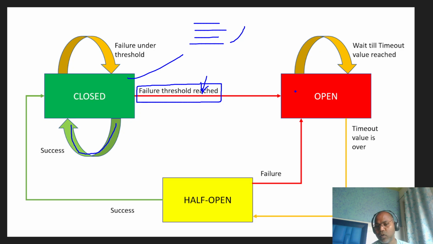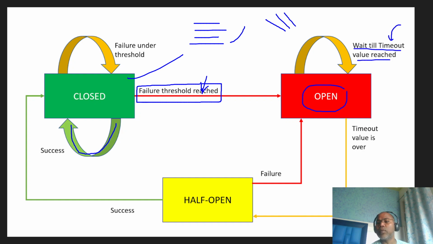That means whatever request comes in, it is not going to call the microservice. We have to wait. Once the circuit breaker is open, no request is forwarded to the faulty node. But wait for the timeout.